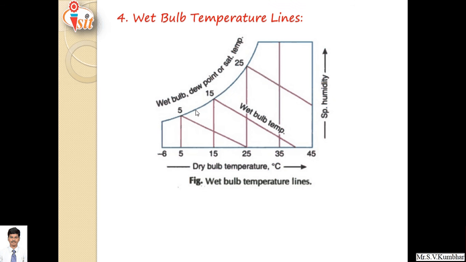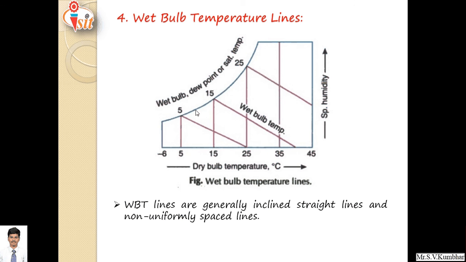Next, wet bulb temperature lines. Wet bulb temperature lines are generally straight, inclined, and non-uniformly spaced lines. The distance between these lines is non-uniform.